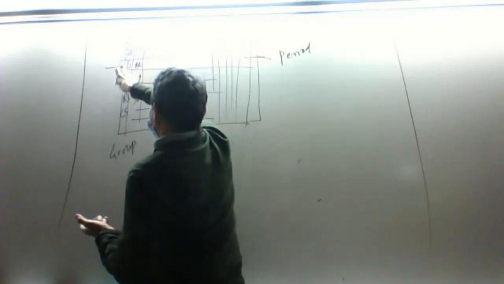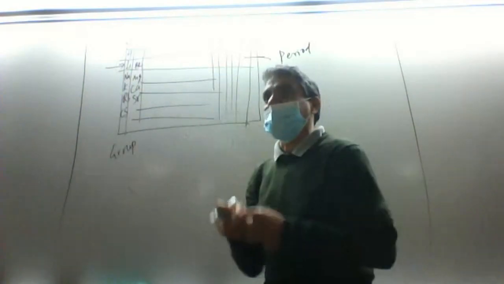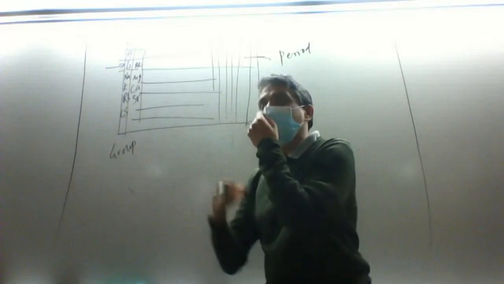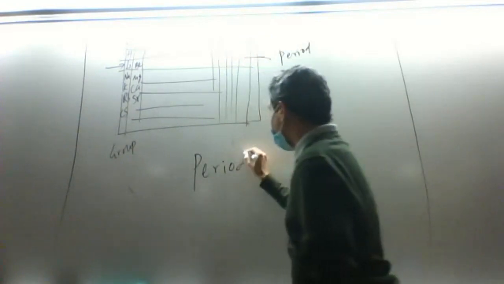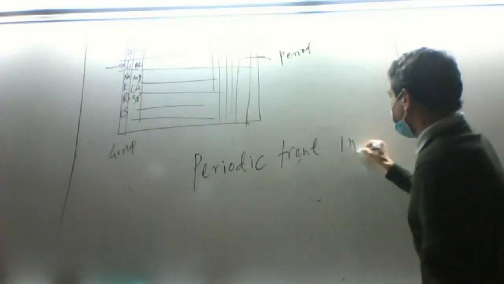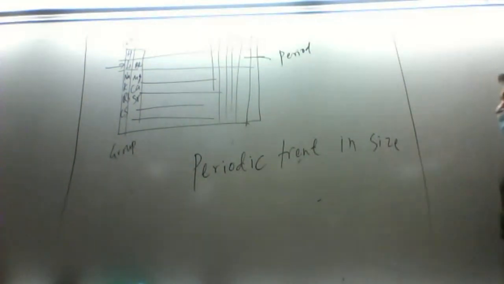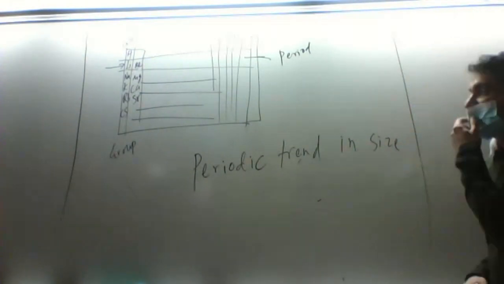Will this be bigger or this be bigger? Something like this we are going to talk about, and that is called periodic trend. So let's talk about the periodic trend in size first.